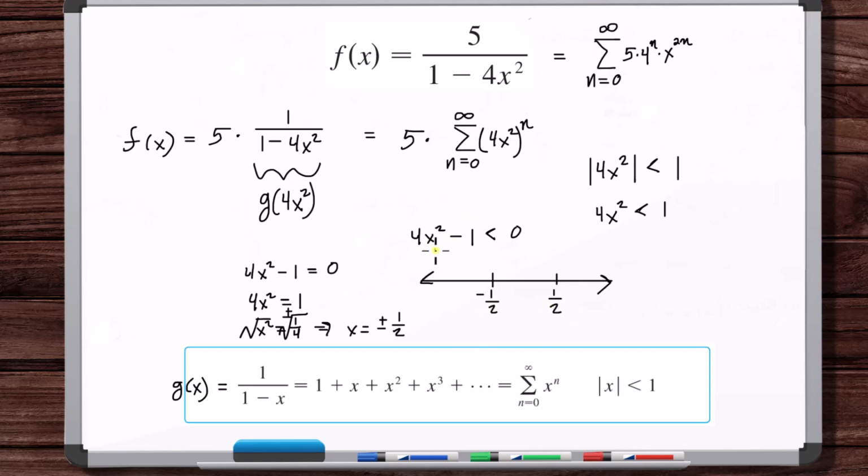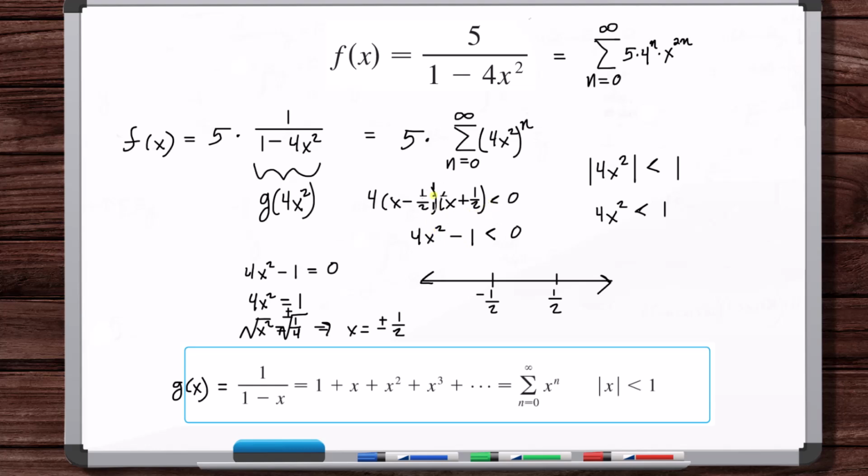And we just check. We could write this as factoring: x minus 1/2, x plus 1/2 is less than 0. That's x squared minus 1/4 is less than 0, right? But with a 4 out front, that's what this factors as.